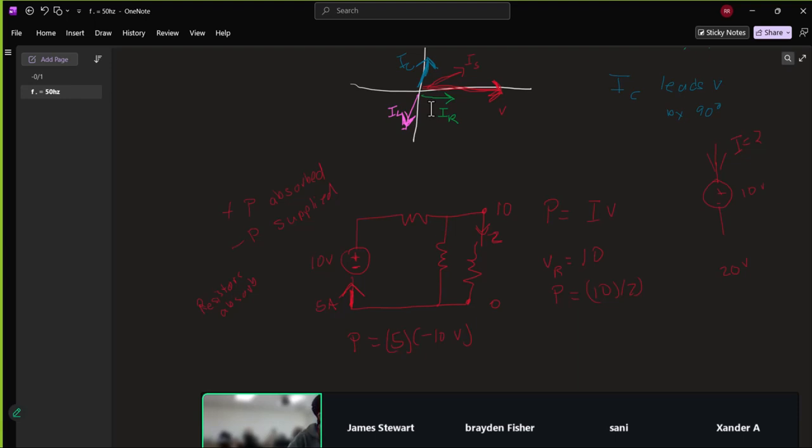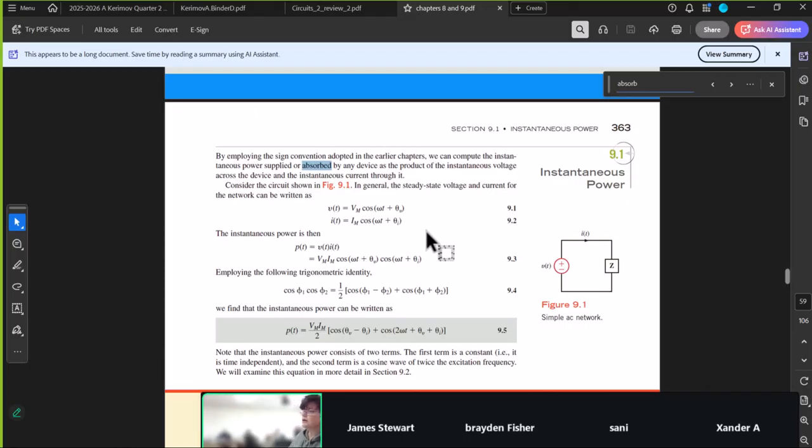Now, with elements like capacitors or inductors, think about this for a minute. Excellent question, and not one that I had ever been asked before. So, if I want to find the power for a power source, I know what a resistor does.